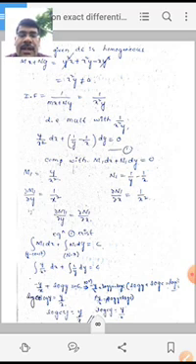Therefore directly we find the solution, that is integration of M1 dx plus integration of N1 dy equal to c. Therefore integration of y/x² dx + 1/y dy equal to constant. Therefore −y/x + log y is equal to c. We simplify it: log cy is equal to y/x. This is the solution of the differential equation.